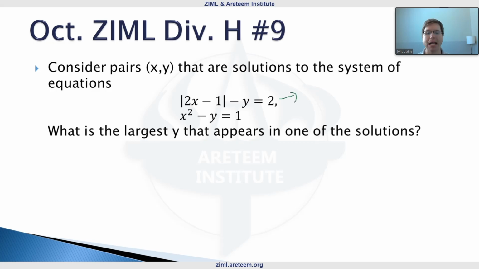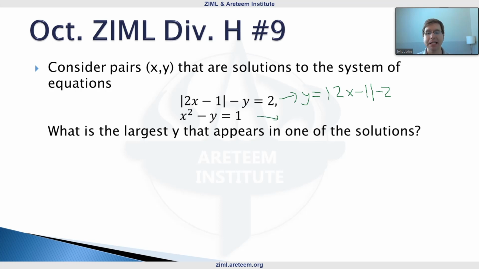What is y equal to? In our first expression, if we add y and subtract 2 on both sides, we get that y is equal to the absolute value of 2x minus 1, and then minus 2.